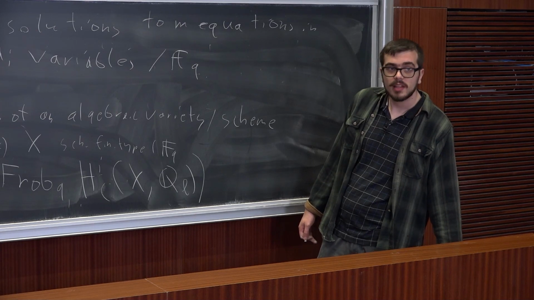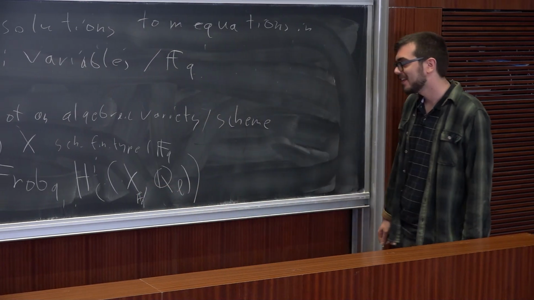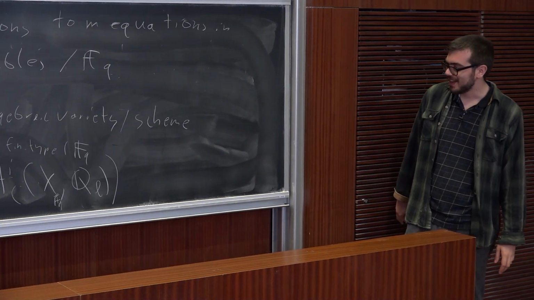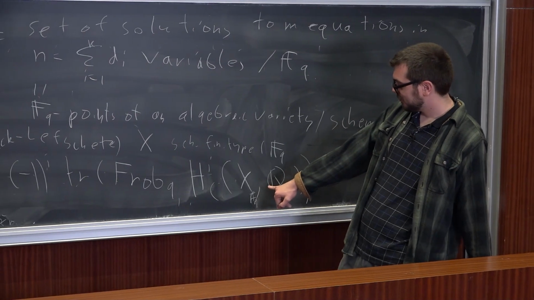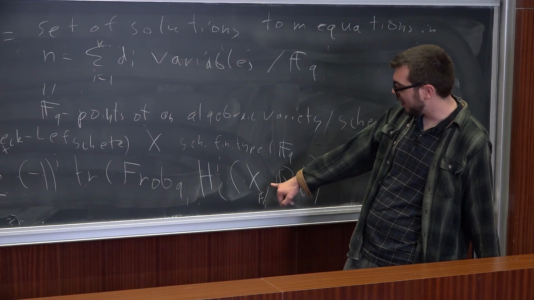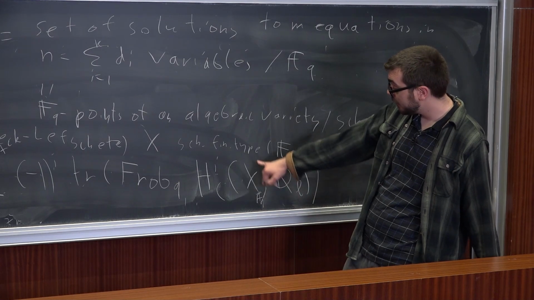You have to extend X to the algebraic closure of Fq. Oh, yes. It's a very good point. But because it's defined in the arithmetic setting, it has this arithmetic feature to it.